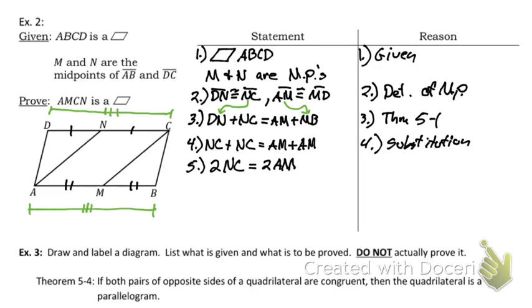Does anyone want to give me a reason for this? It's probably okay, whatever you put. Make one up if you have to, because I'll accept a lot here. No one wants to take a shot? Yeah, algebra. I'd be okay with that. Or addition. It's just addition, it's just what we did.